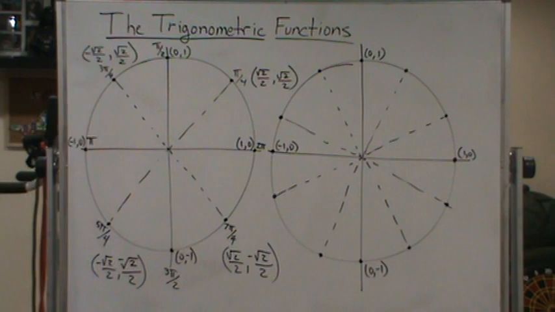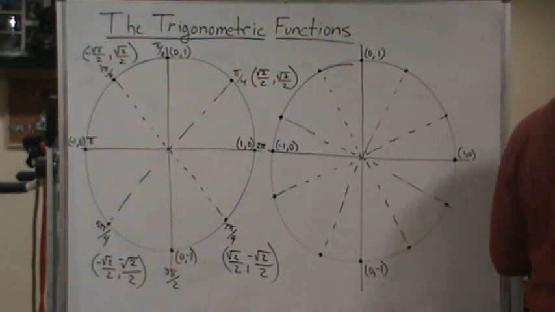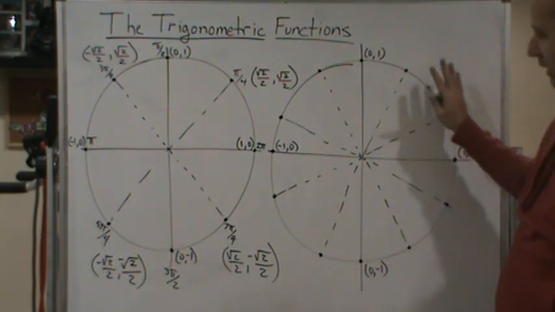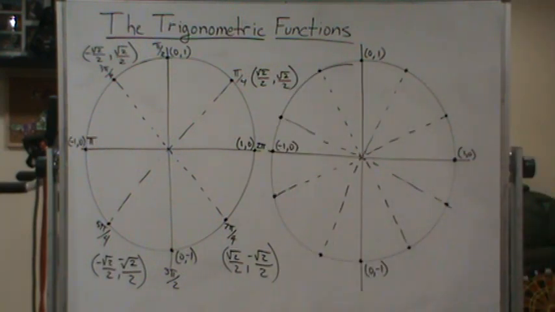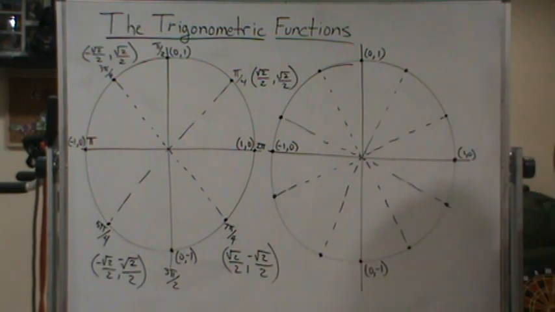Okay, now let's go over to this one. Now this one is equidistant, but what we're doing is dividing the pi into 12 equal pieces. Okay?